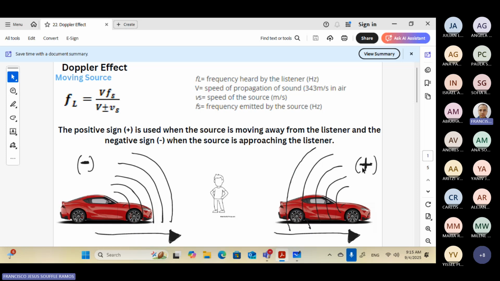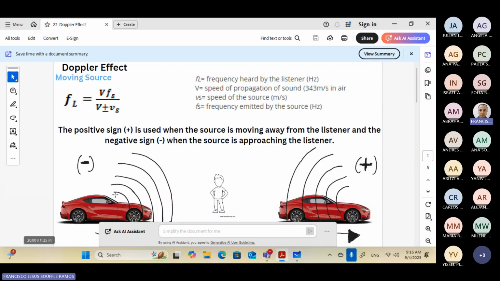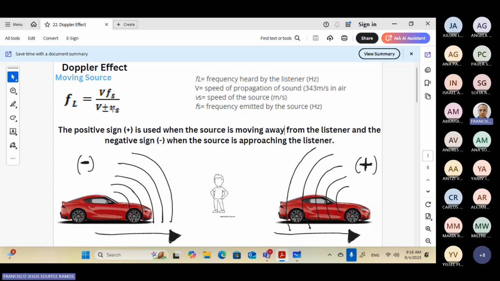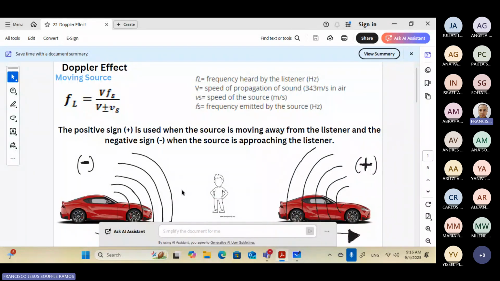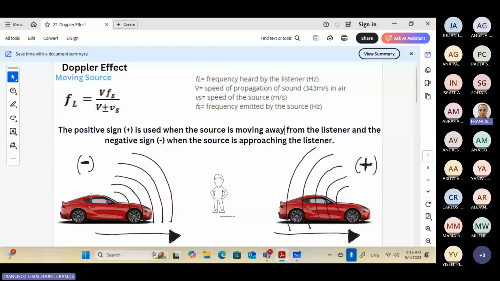So you will choose the positive sign down here. Now, it will be negative if the source, in this case the car, is approaching you, the listener. So now you know how to choose the sign. Positive when the car is moving away, and negative when the car is approaching you. So that's the first formula.